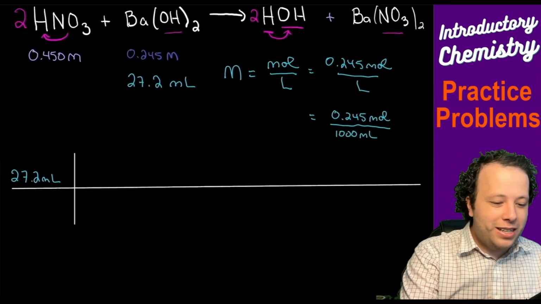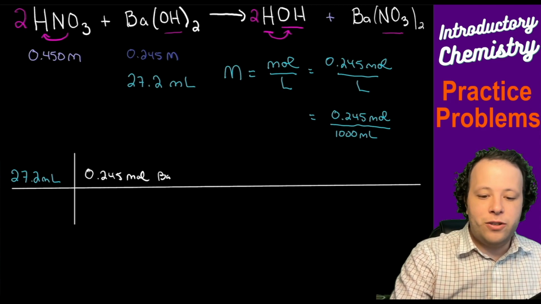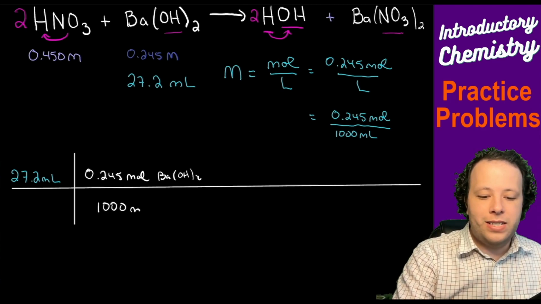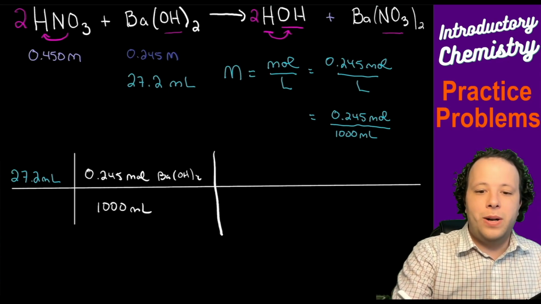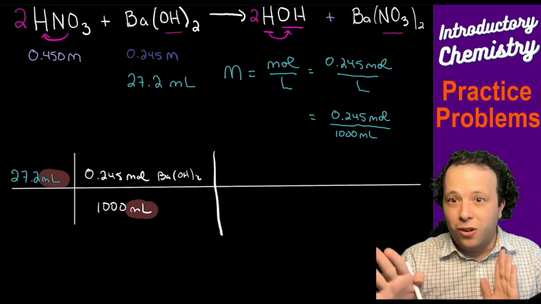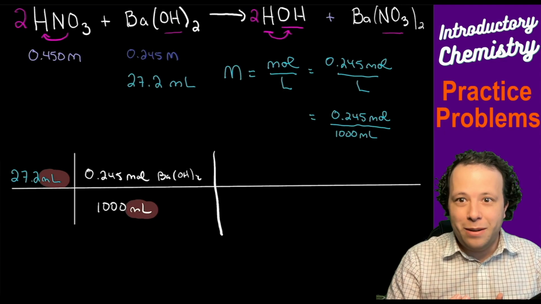So let's plug that in. We have 0.245 moles of barium hydroxide, and that's over 1,000 milliliters. Now, why is that important? Now the milliliters cancel. They're gone. And all we have is moles of barium hydroxide, which was our first step.